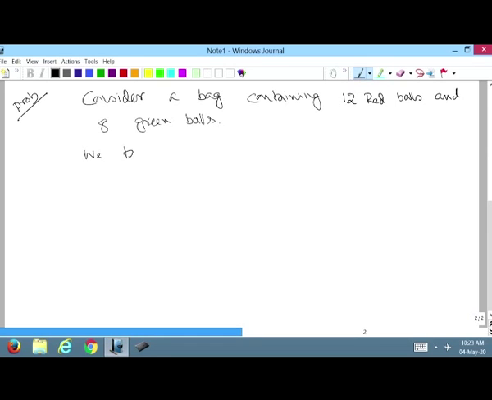We take out 3 balls in succession without replacement.